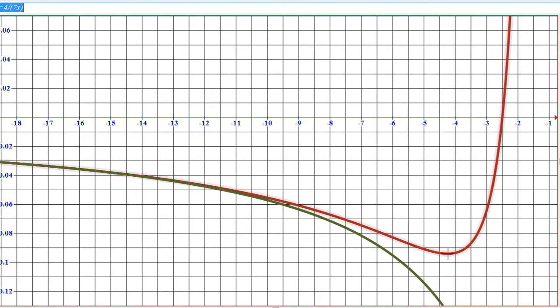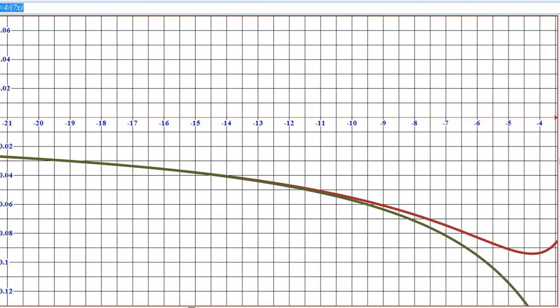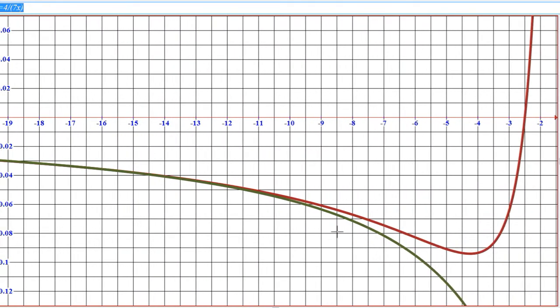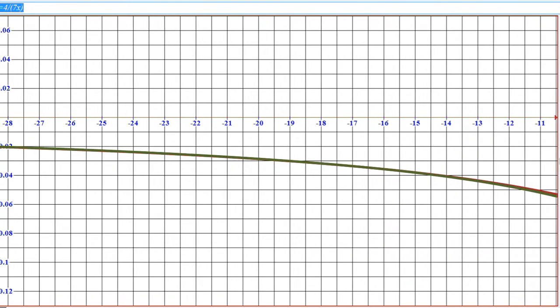Then it hits a minimum, then it turns around and is increasing, concave up. But the thing I really want you to see is notice that once you get past this inflection point here to the left, it looks a whole lot like just that power function. In fact, the further you go out, it's hard to even tell the two apart.